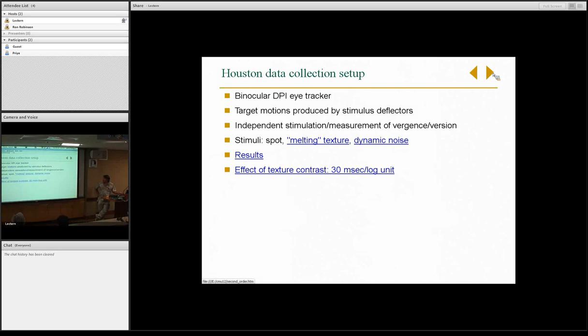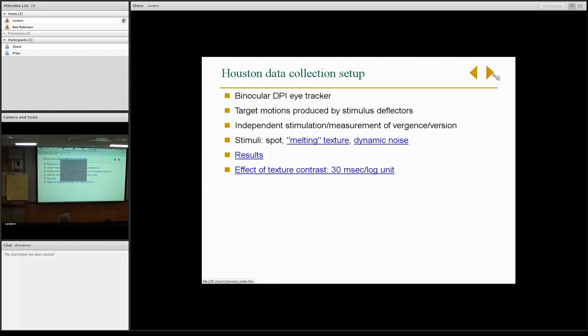And it's a binocular instrument, so we can do this independently for the two eyes. So we're doing a random walk in 4 dimensions because each eye is going independently. I have a few more demos that the remote people are going to miss again, but we have a few different stimuli that we used.